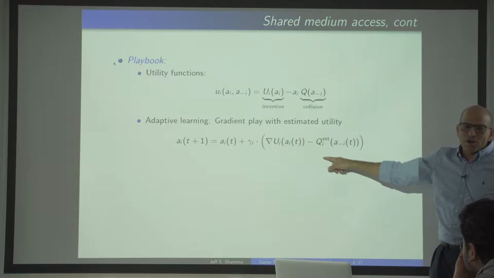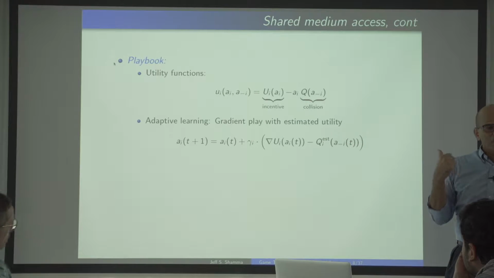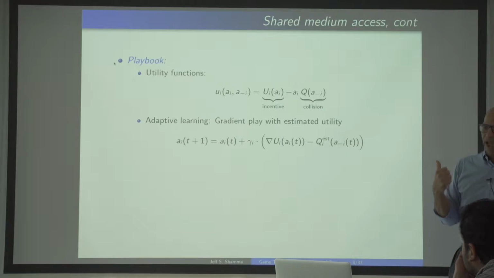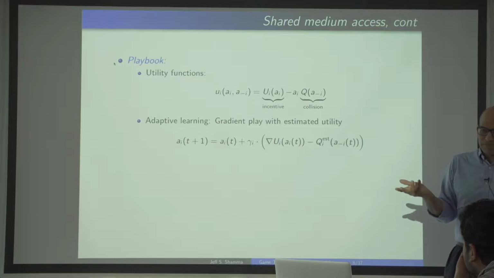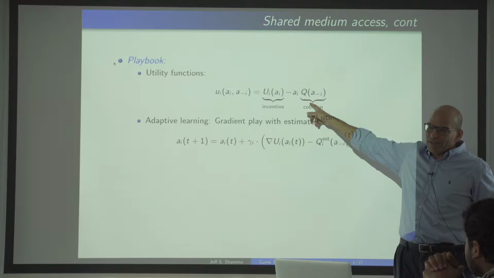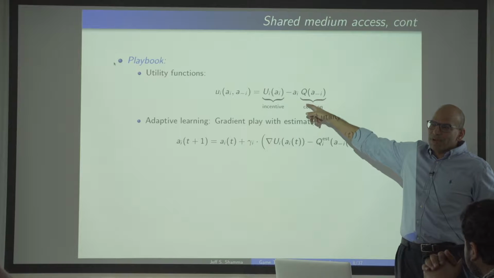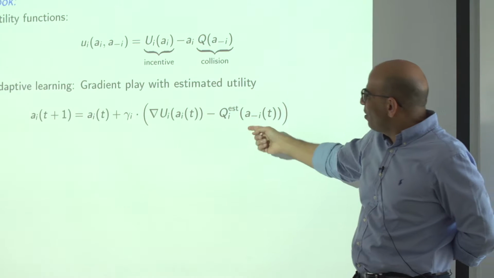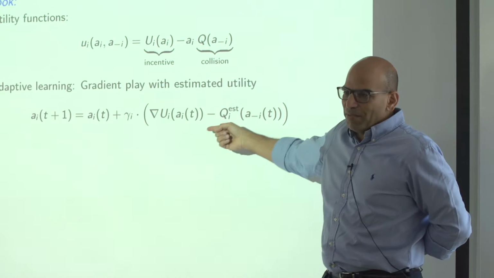Now, what is this term? This term is the probability that somebody else transmitted. How are we going to know the probability that somebody else in my neighborhood transmitted? I don't know it. If I had their transmission probabilities, then I would know it, because I could compute it. But I don't have it. So what are they going to do? This is an estimate.